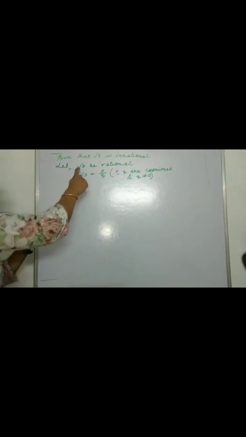So today we have taken the question: prove that root 3 is irrational. To prove that root 3 is irrational, first we have to consider that root 3 is rational, and this method is said to be the method of contradiction. So as you have seen, we have taken root 3 to be rational.